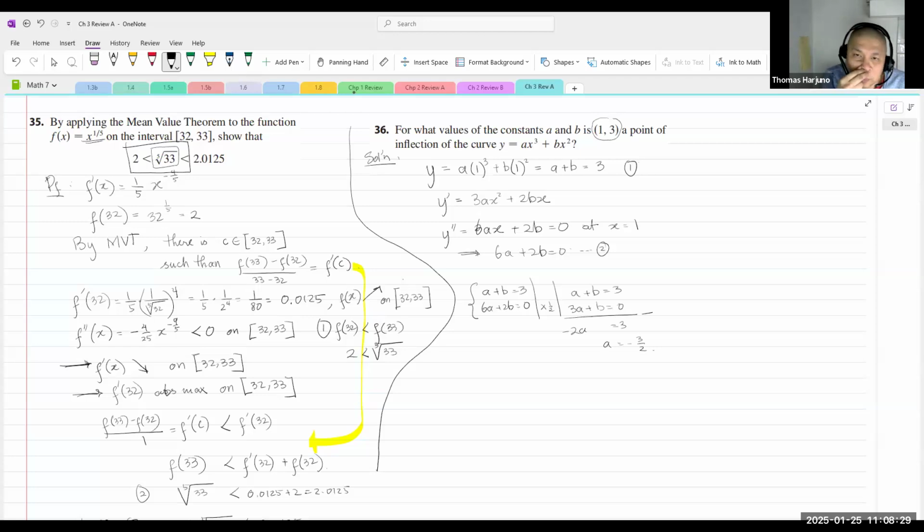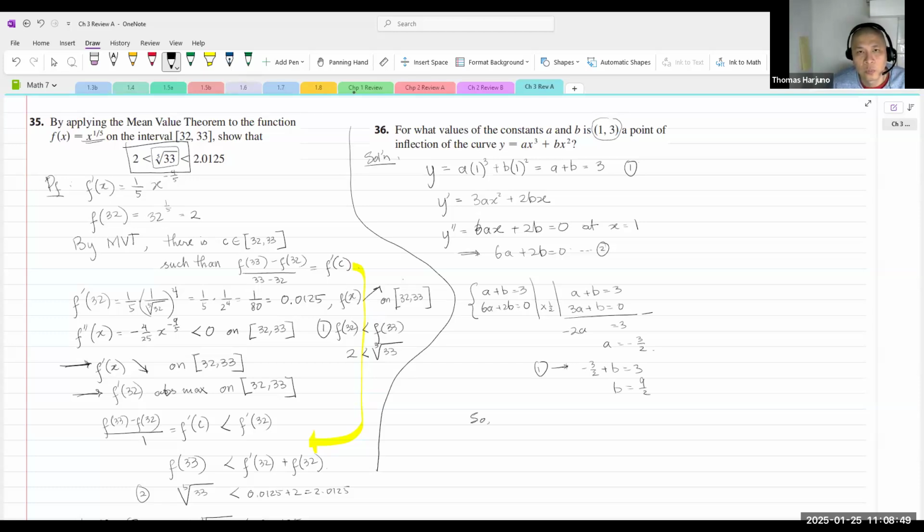Am I right? Okay, and because a equals negative 3 halves, I put that back into the first equation. Negative 3 halves plus b equals 3, b will be 9 halves.